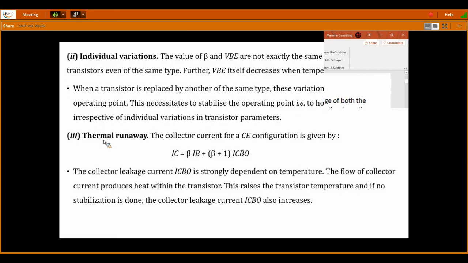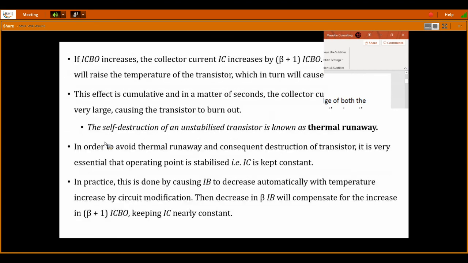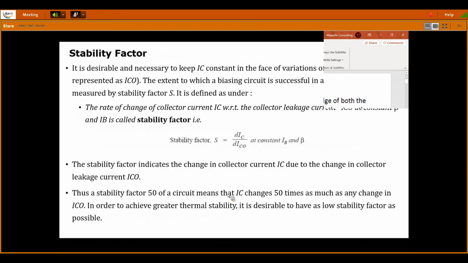S is the change in collector current with respect to the change in reverse saturation current. S dash is the change in collector current with respect to the change in VBE. S double dash is the change in collector current with respect to the change in beta.